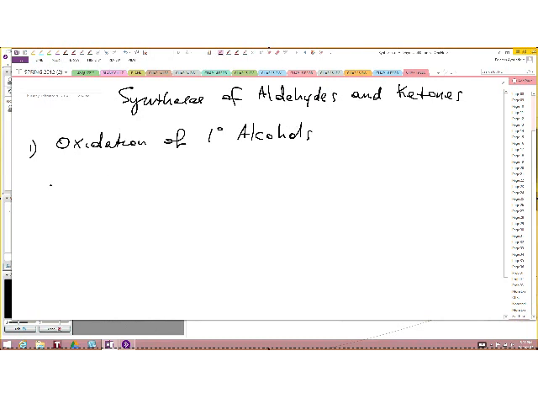If we take a primary alcohol, and I want to make an aldehyde, what reagent do I need to do that? PCC, very good. PCC, which is pyridinium chlorochromate.